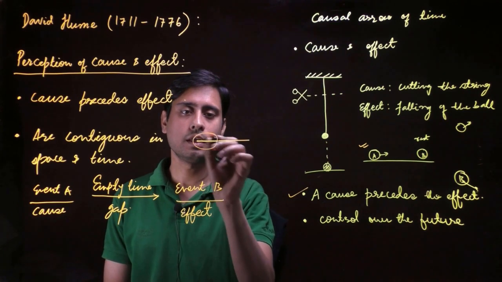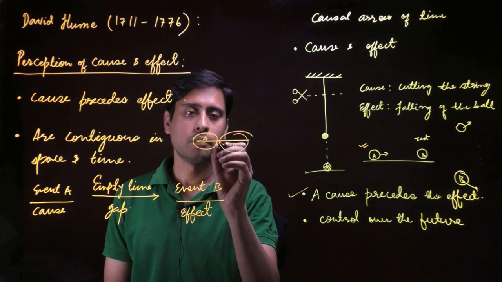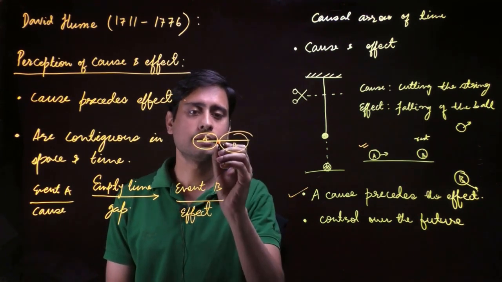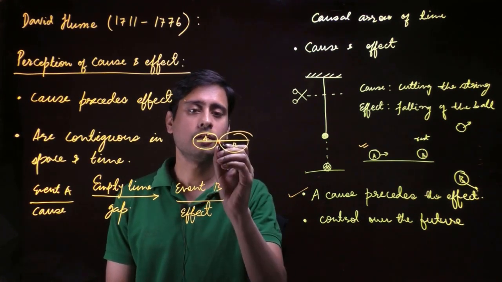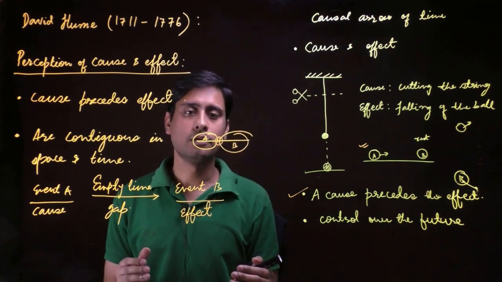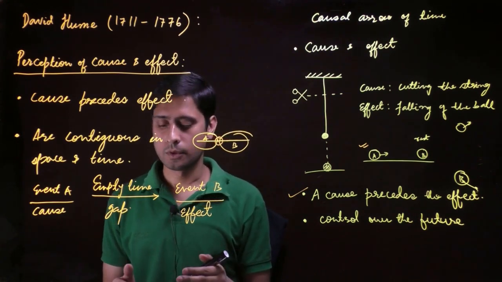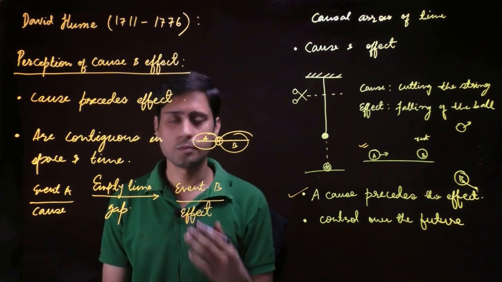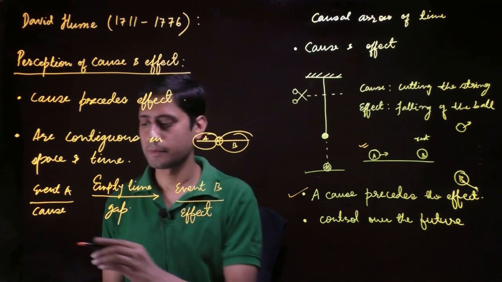No matter how small you imagine, there will always be some gap, because if there is no gap between A and B, then you will have to say that A and B have occurred together. To understand this, let's define what an event or a cause means.